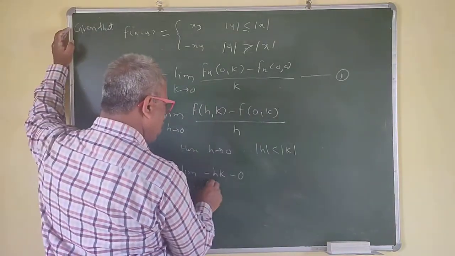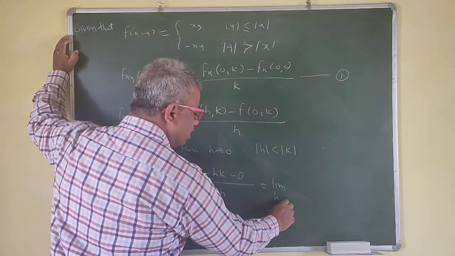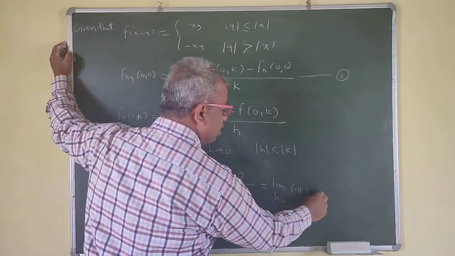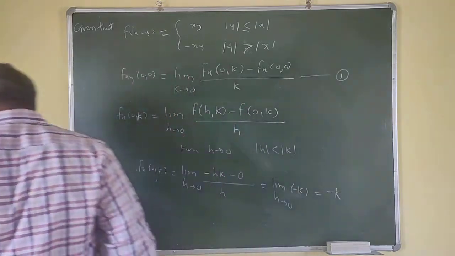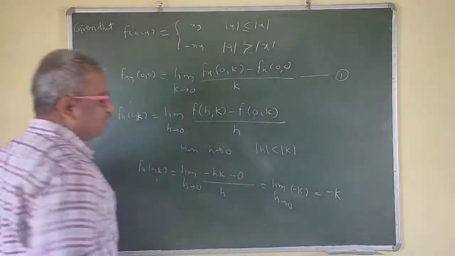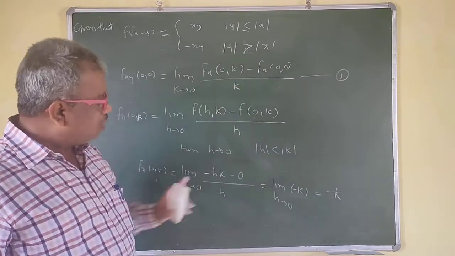So this is 0 upon h. So this is limit as h tends to 0 of minus k. We get minus k. Now we get this value: f_x(0,k) is minus k.